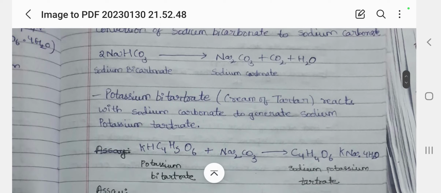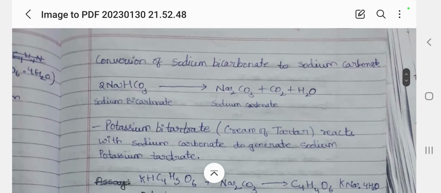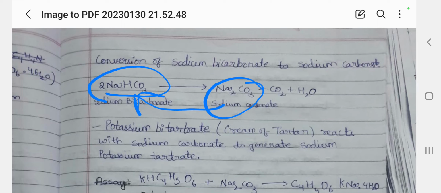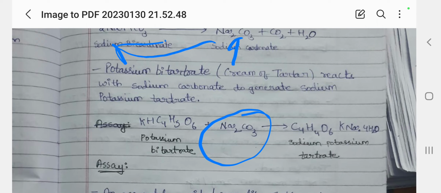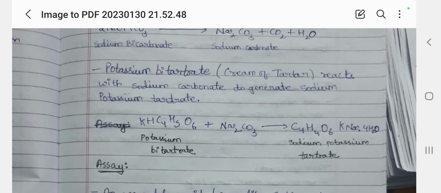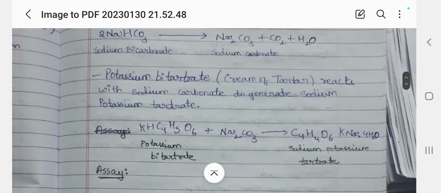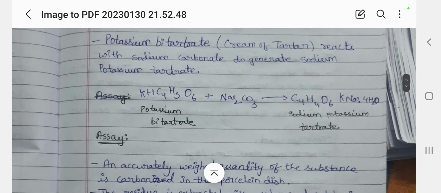We need sodium carbonate when we treat with cream of tartar, so first we produce sodium carbonate from sodium bicarbonate. This sodium carbonate is then treated with potassium bitartrate, and we get sodium potassium tartrate.